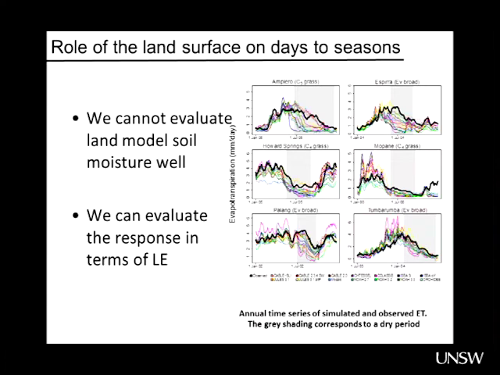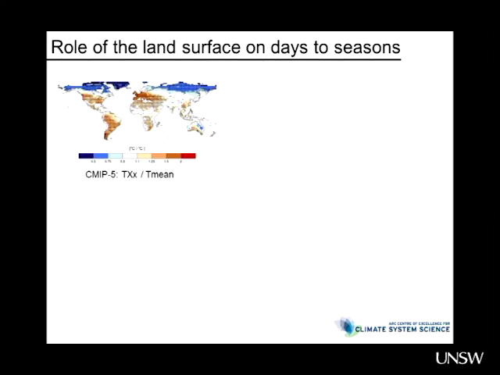The short story in all of that is we find it very difficult to demonstrate that the land surface schemes are doing the soil moisture very well, which probably translates into them not doing phenomena related to soil moisture very well. That really matters.